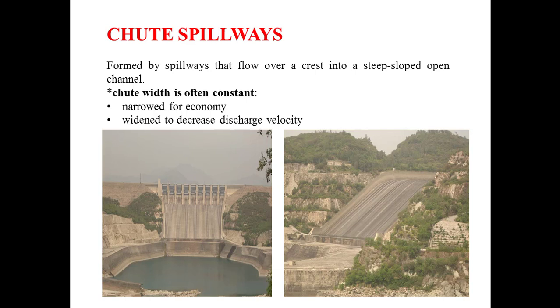The chute width is often constant, and it may be narrowed for economy purposes, and in some cases it is widened just to decrease the discharge velocity of the flow. So these are the chute spillways.